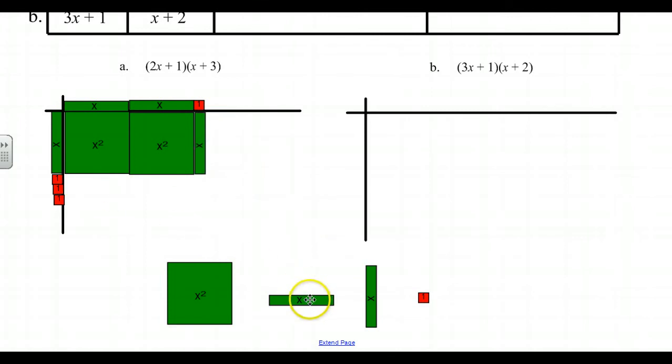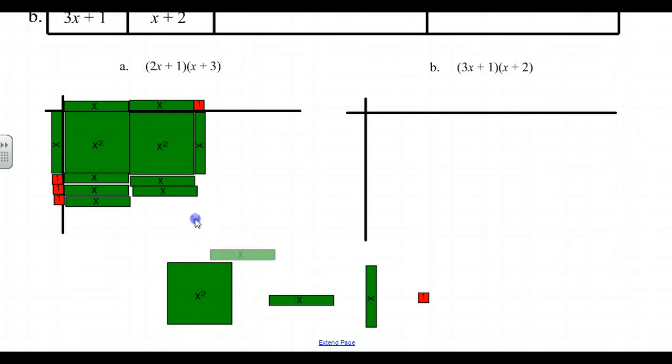What about over here? Well, I can fit an x here and here and here and here and here and here.